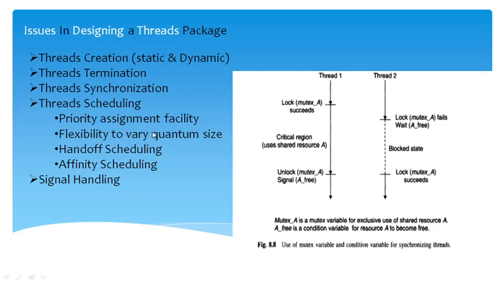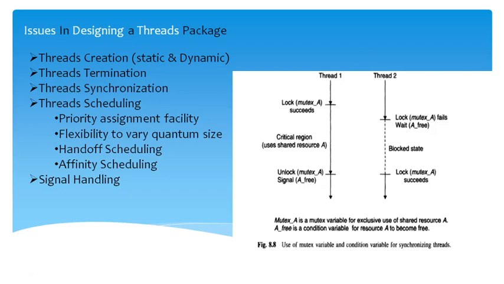Like that, priority assignment will use these algorithms, and priority based thread scheme can be both preemptive and non-preemptive. Non-preemptive means if we are running thread 1, until the completion of thread 1 we will not allow any thread to run. If thread 1 has high priority and it is non-preemptive, then thread 1 will run until its work is completed. Even if any high priority thread approaches, it has to wait, as thread 1 is non-preemptive.